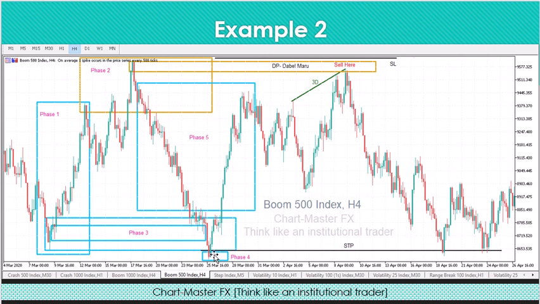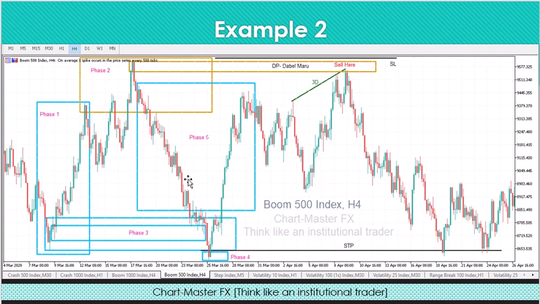Once this was engulfed insignificantly, we had some reactions by rejections. We have 1, we have 2, almost 2 reactions by rejection. So once you see that, it tells you that phase number 3 has been validated. So here we have phase number 3 validated.